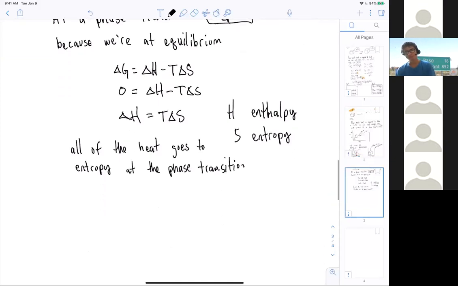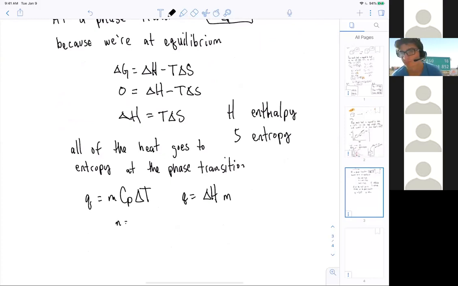So what we're going to add on next time is we're going to look at these two equations that we can use to do some calculations, which is Q equals mCp delta T, and also that Q is equal to delta H times the mass, if we can stick to the mass. So M is mass, C sub P is the heat capacity, Q is heat.